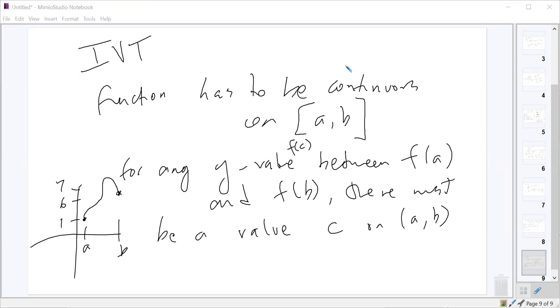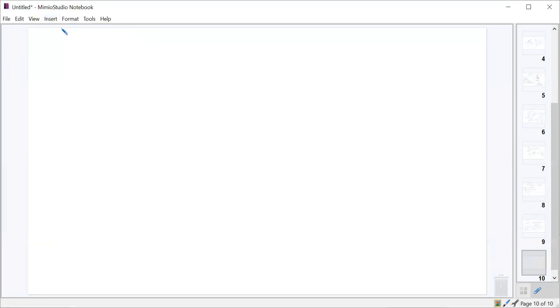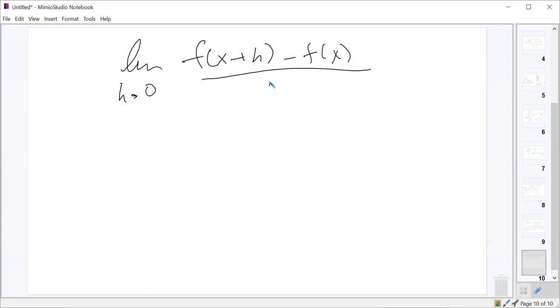All right. Next little thing here with limits is the limit definition of the derivative, right? The limit as h approaches 0 of f of x plus h minus f of x all over h.